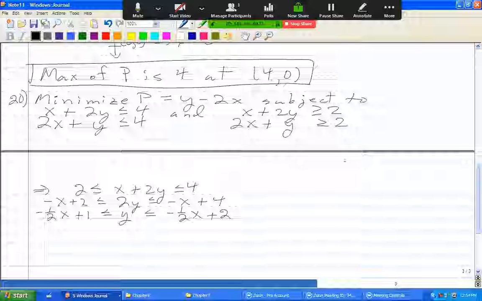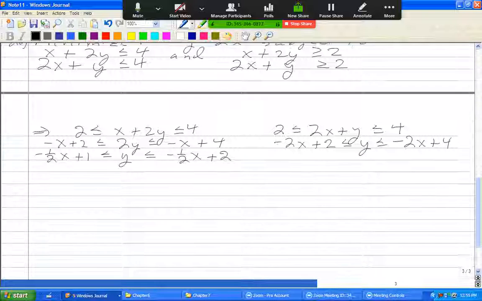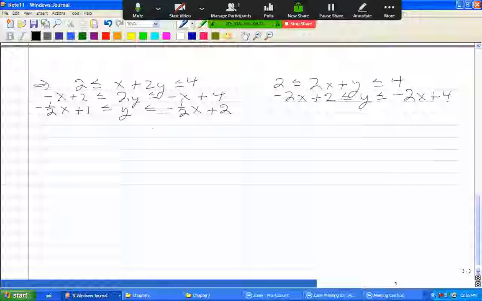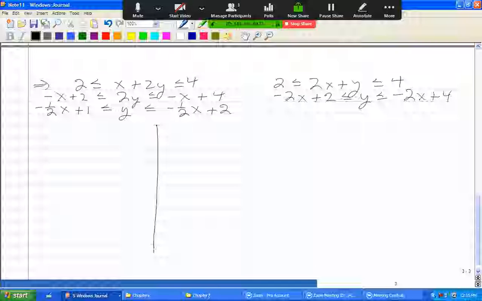And we also have the other constraint that 2x plus y is between 2 and 4. Subtract 2x. Okay, good. So I can draw these. So these are two little strips here.